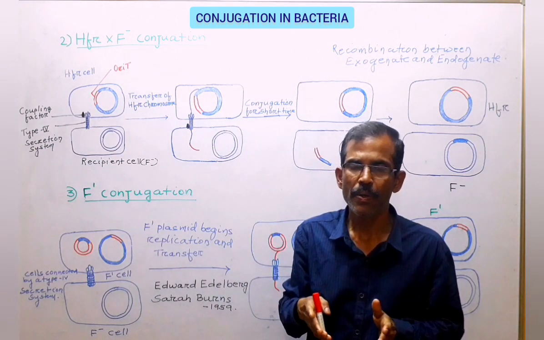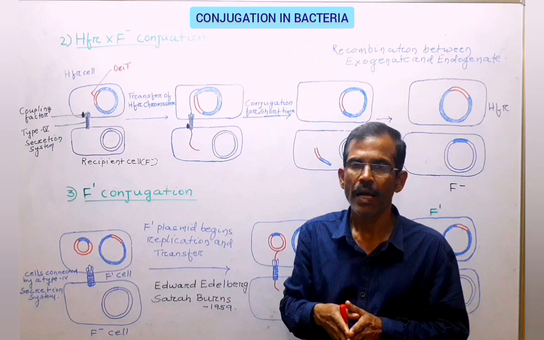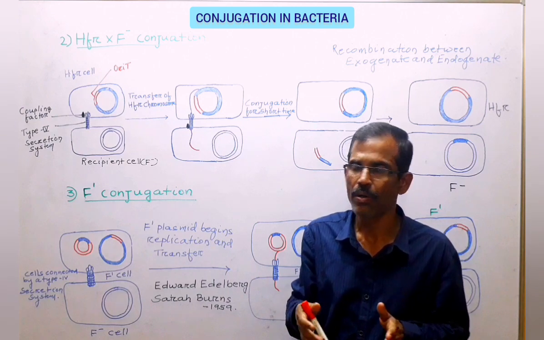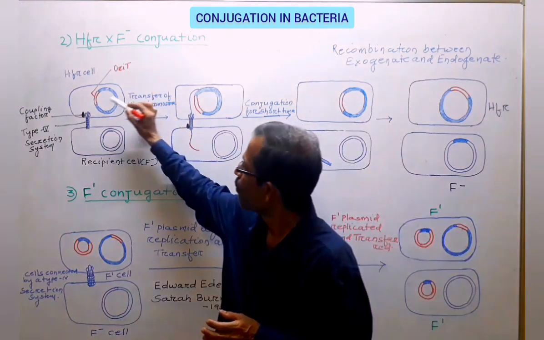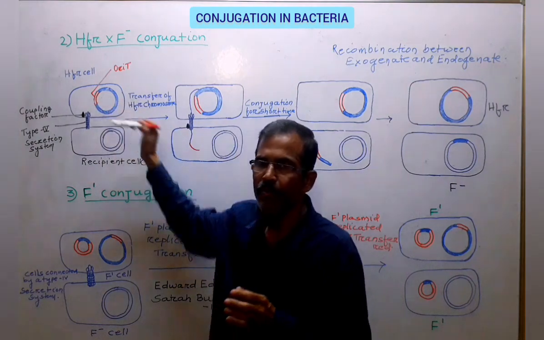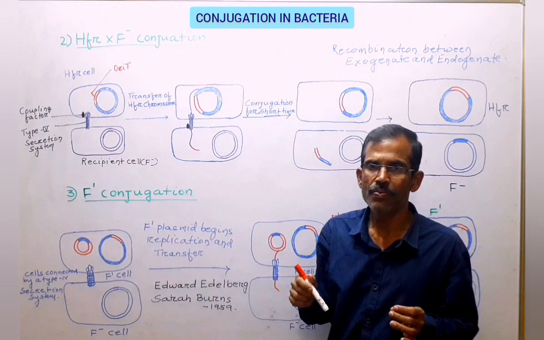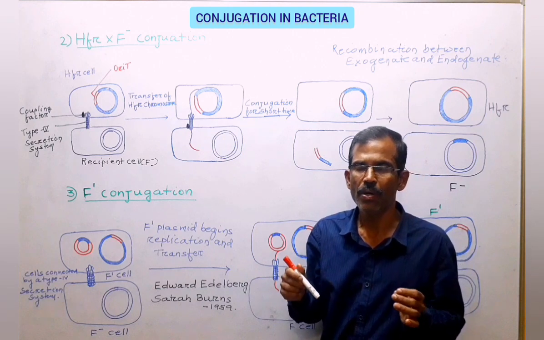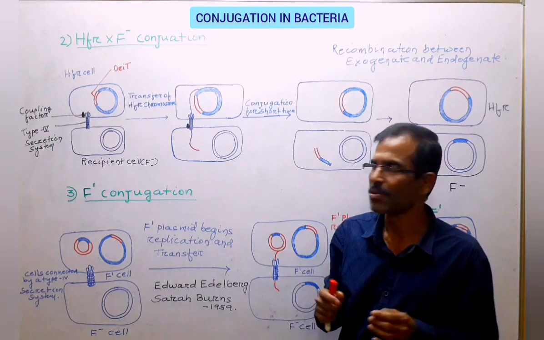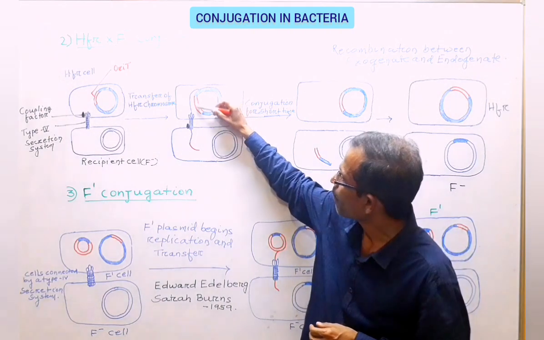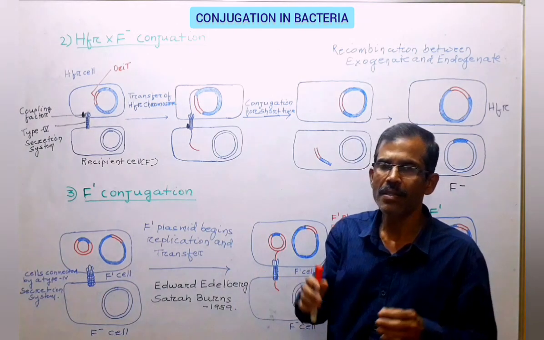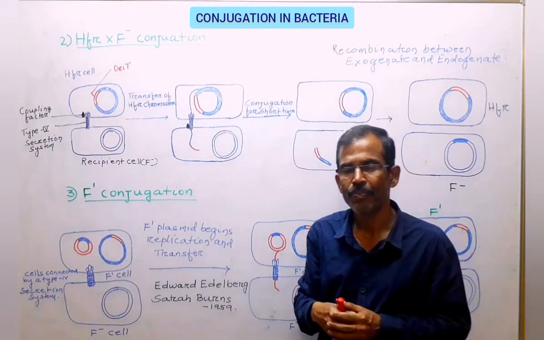As the transfer is initiated at the origin of transfer, which is located within the integrated F factor, a part of the F factor is transferred prior to the transfer of bacterial genes. The remaining part of the F factor is transferred after that.